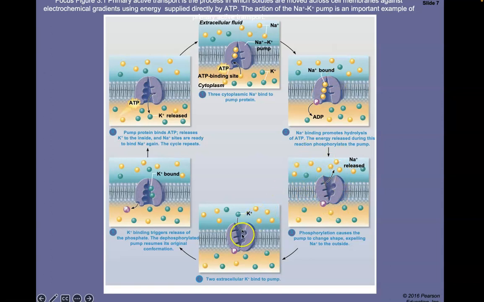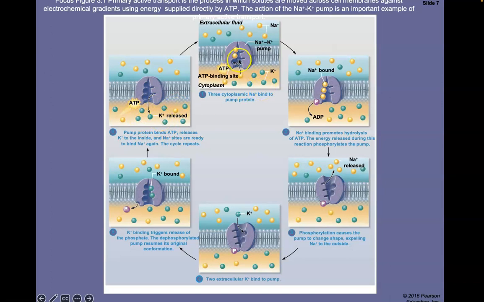Releases the sodium. When it does that, then it can bind to potassium. As soon as it binds that second potassium, boom, it's going to trigger the release of that phosphate, undergoing a conformational change, pop, 2 of those potassium now inside the cell, okay?